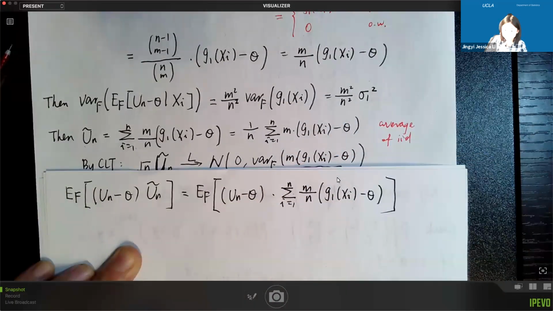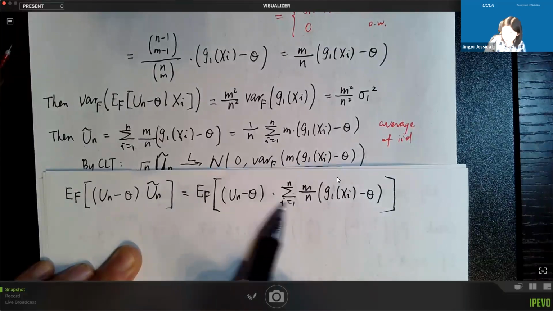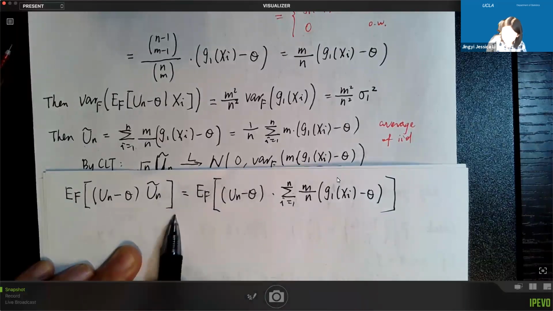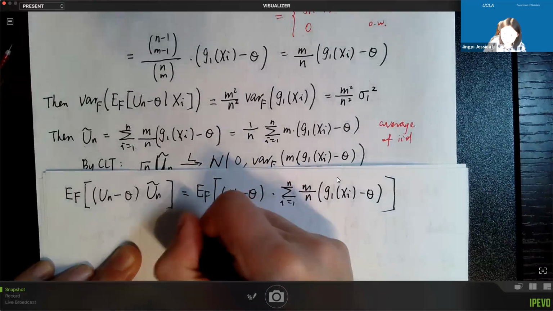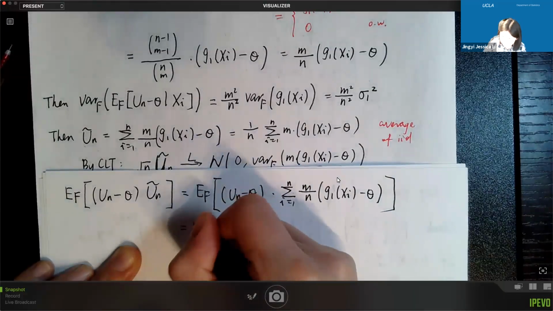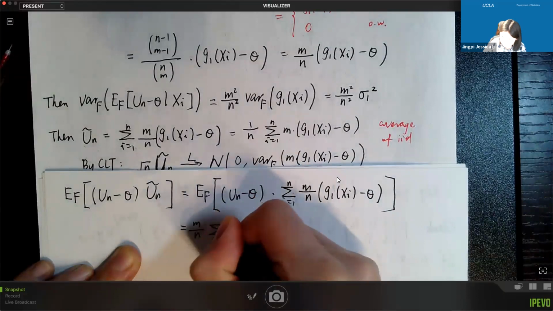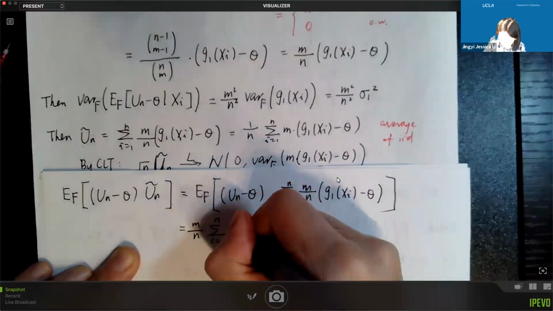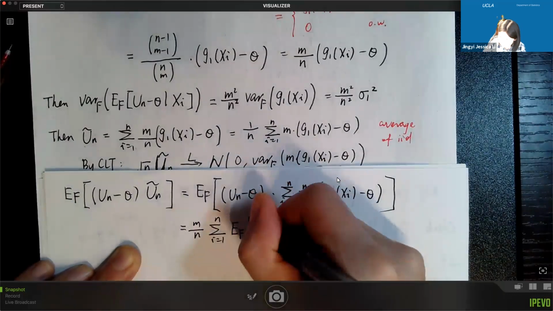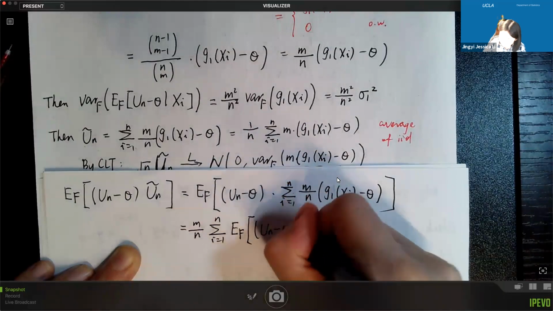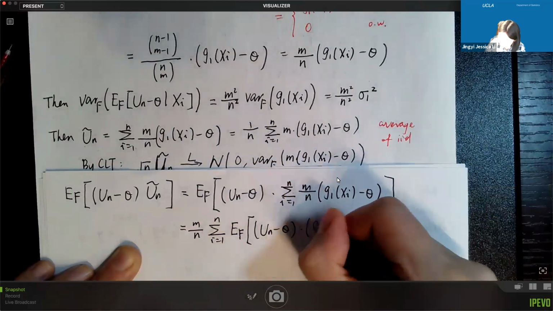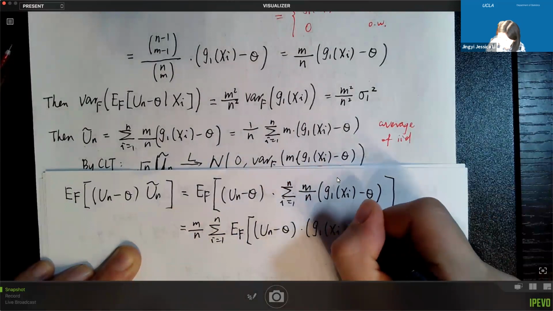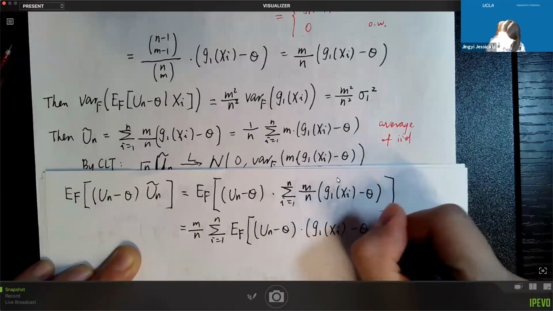Then we can take the summation and the constants out of the expectation. So it's 1 over n times the summation over i from 1 to n, and inside the summation, we have the expectation of (Un minus theta) times (g1(Xi) minus theta).